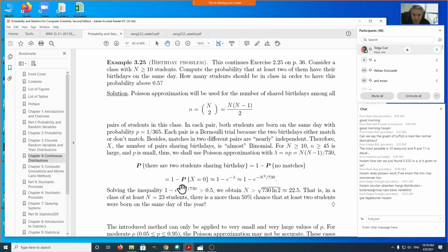So we're asked 2 things. What is the probability that at least 2 of them have their birthdays on the same day? By the way, the probability that there are 2 students sharing a birthday is 1 minus the probability that there are no matches. What is the probability of no success at all?